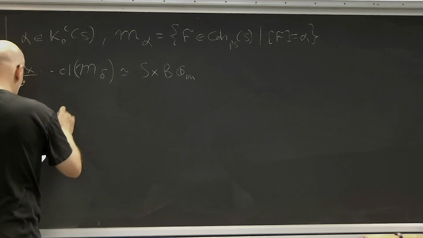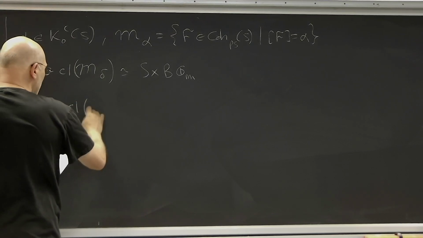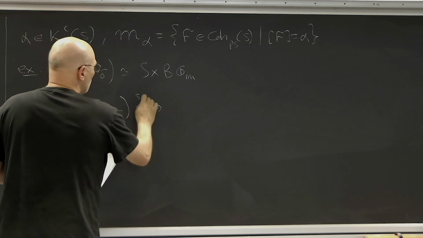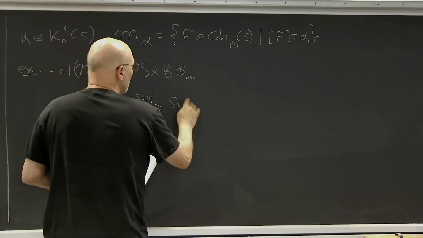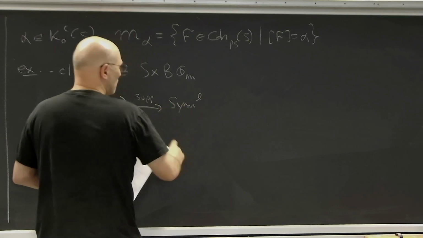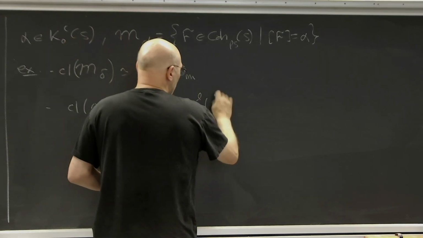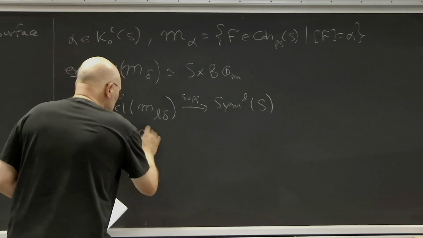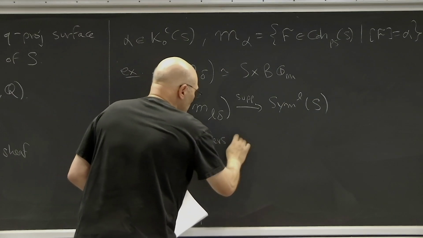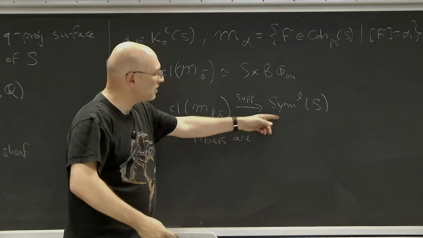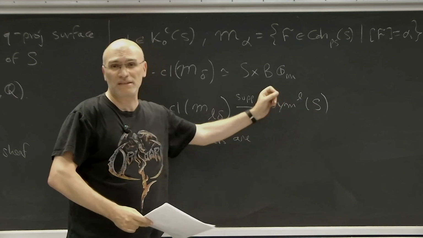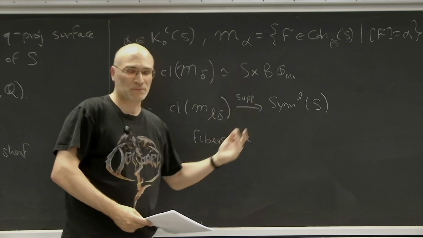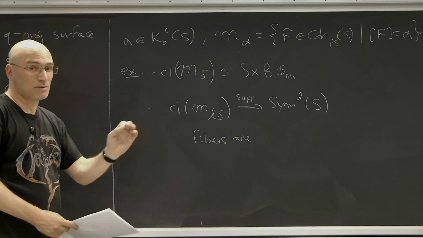And, well, if I look at, again, the classical stack of a multiple of delta, then I have a support map mapping to the Lth symmetric power of the surface. And the fibers, well, you can imagine that you can stratify this according to the multiplicities of the various points. And the fibers will be the product of fibers corresponding to each point.